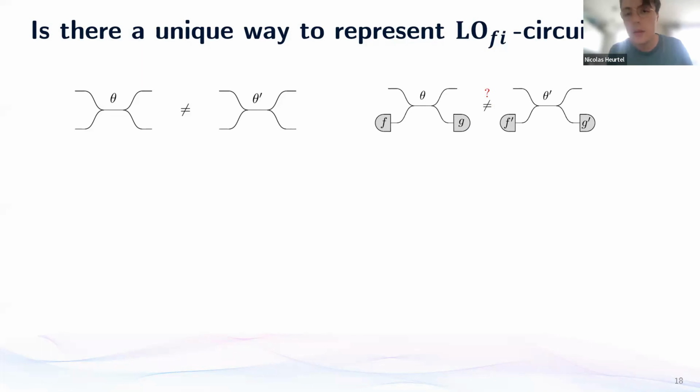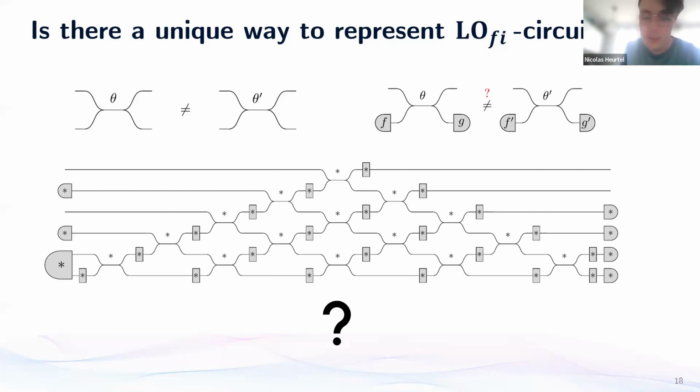Maybe there is an input state and also an auxiliary detection that's allowed to have the same process. It's even less clear when the circuit is big. Imagine a big circuit with many angles and many auxiliaries at the input and output. It's not so clear if there is another one with different parameters which can do the same. And so we will answer that.